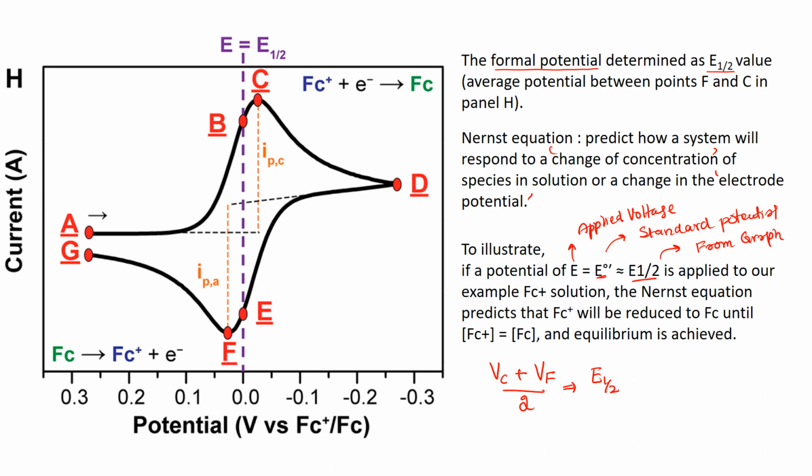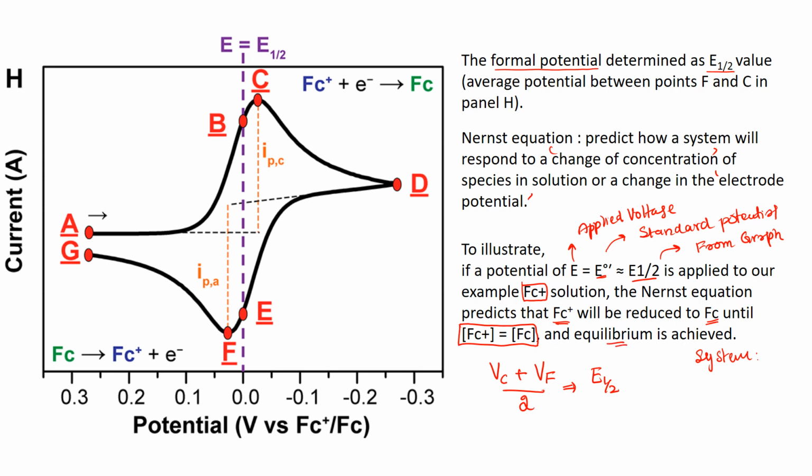To our system in the Fc plus solution, that means the solution containing Fc plus, the Nernst equation predicts that Fc plus will be reduced to Fc until the concentrations become equal. That means in any electrolyte, the system will tend towards making these concentrations equal, so that equilibrium is achieved.